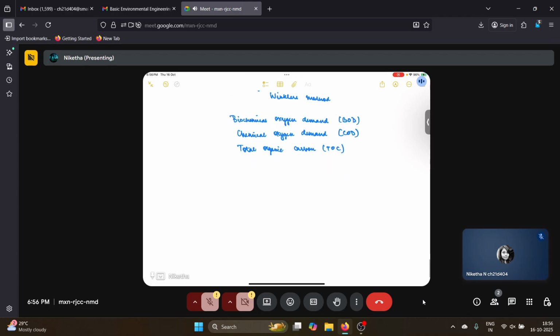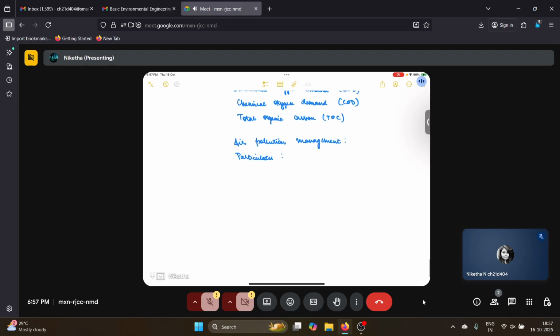Now let's talk about air pollution management. For particulate pollutants, we can use gravity settlers, and electrostatic precipitators.